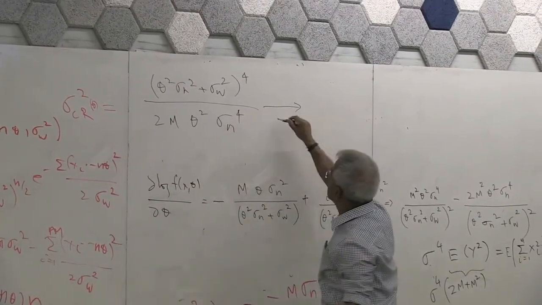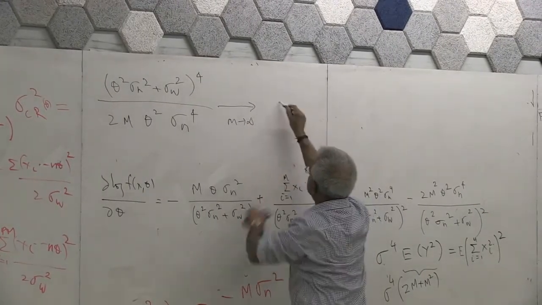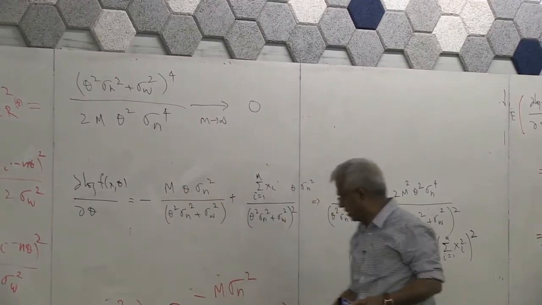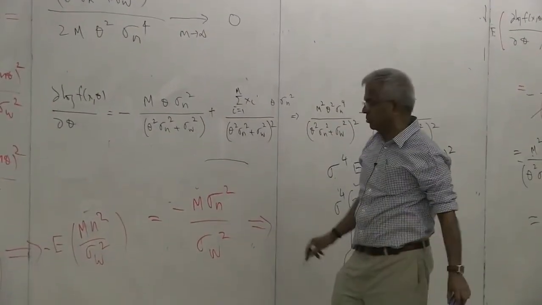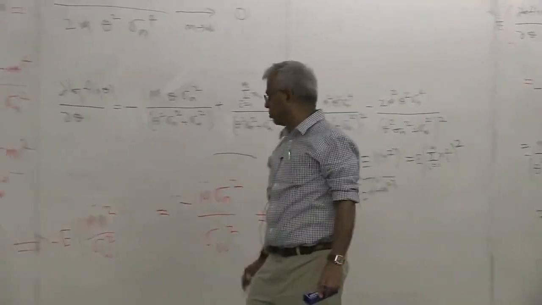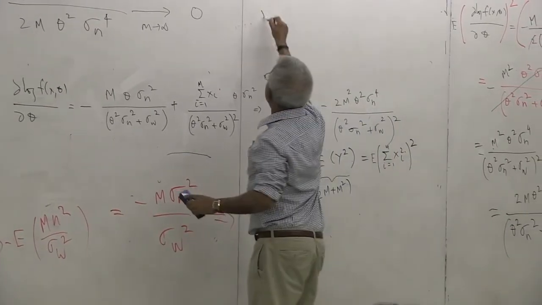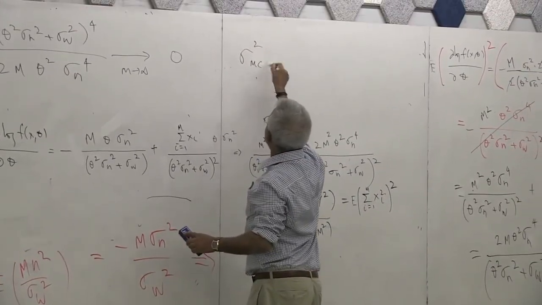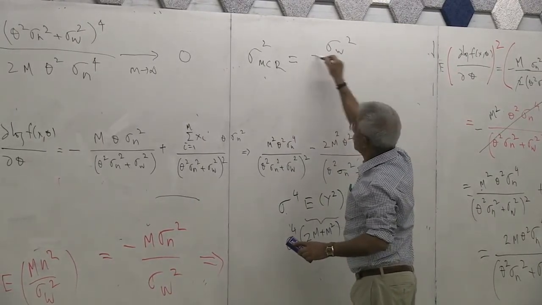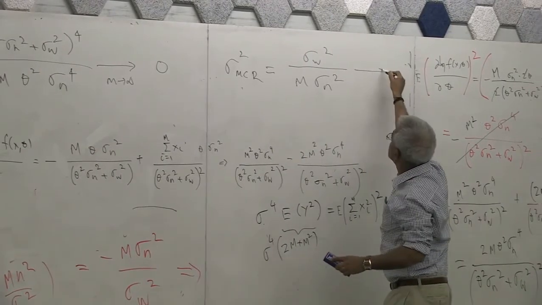So you see, as m increases, again the variance goes to 0 as it should. But the point is it is much more complicated than the other bound. The other bound turned out to be minus of this. So the modified Cramer Rao bound is simply sigma w squared over m sigma n squared. Also goes to 0.